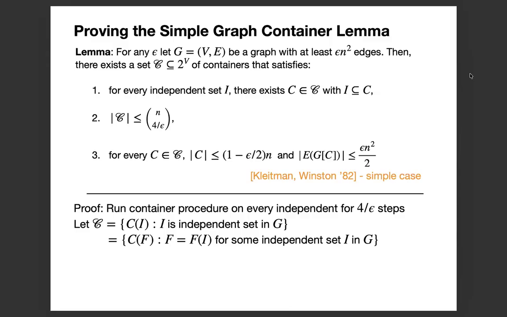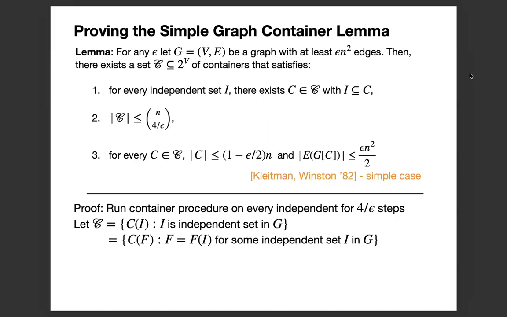What you're going to do is run the container procedure on every single independent set in the graph. Immediately that should ring some alarm bells, because there could be an exponential number of independent sets. So this should be problematic, right? But the important observation is that the containers can be reconstructed from the fingerprints, and the fingerprints are very small.